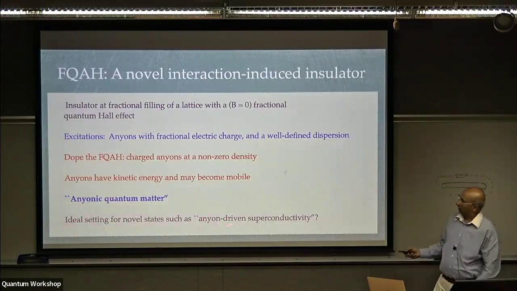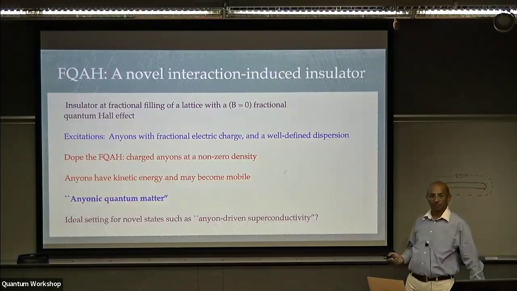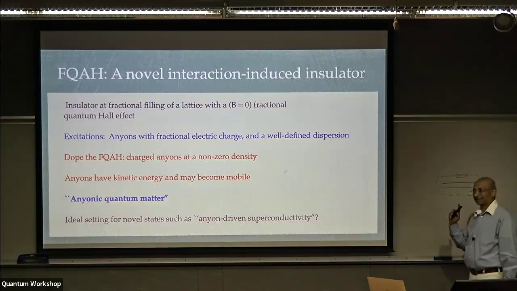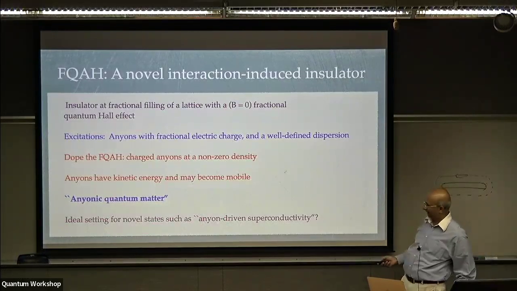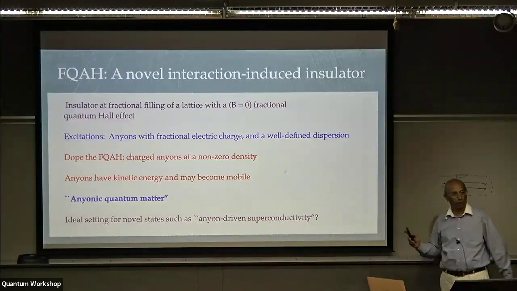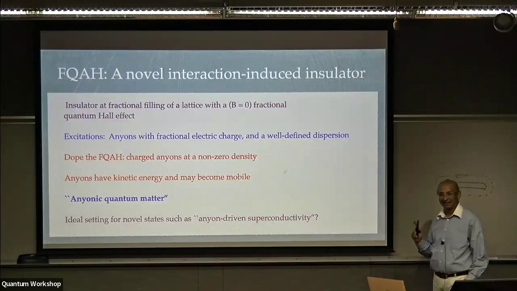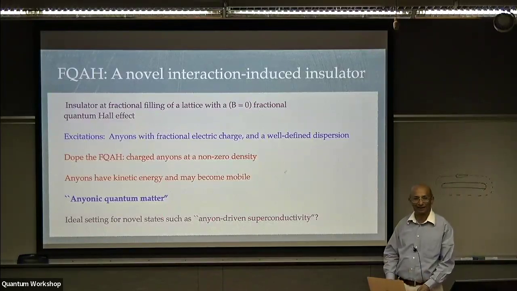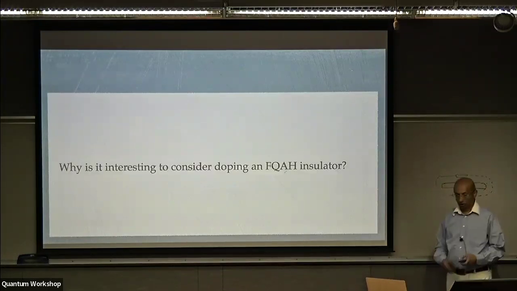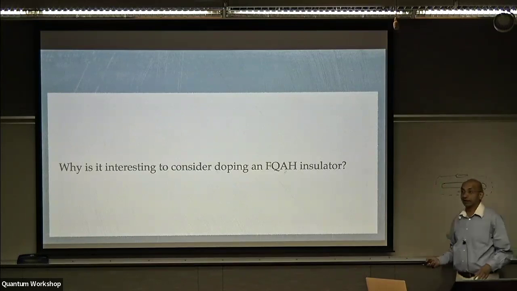So this platform is perhaps the most ideal setting to realize the dream that people had in the 1980s of novel states that I like to call anyon-driven superconductivity. I don't like the term anyon superconductivity for multiple reasons. But yeah, okay. So what is interesting? Yeah.